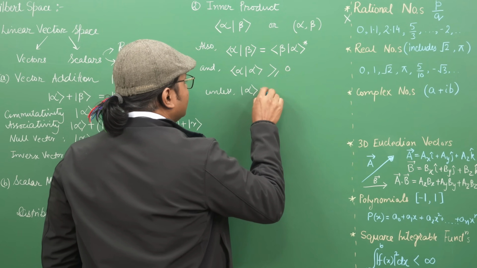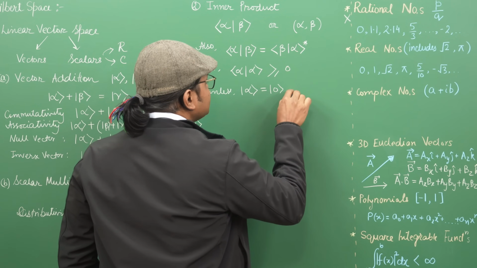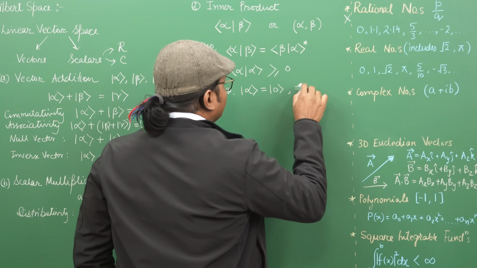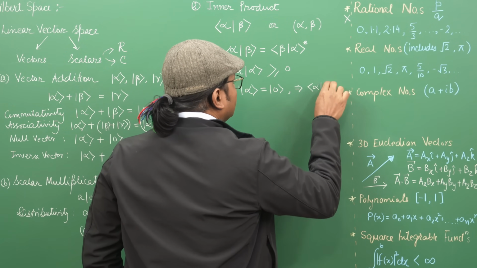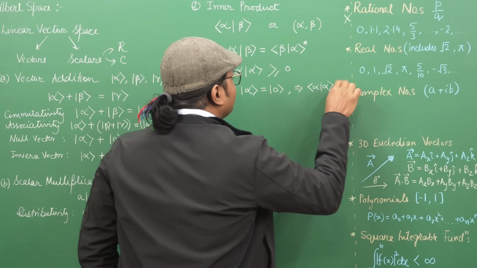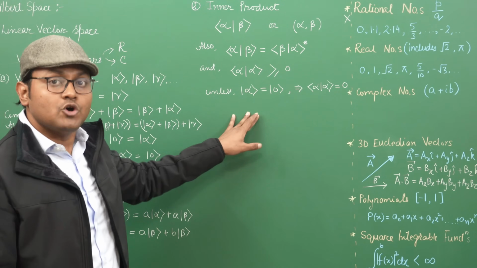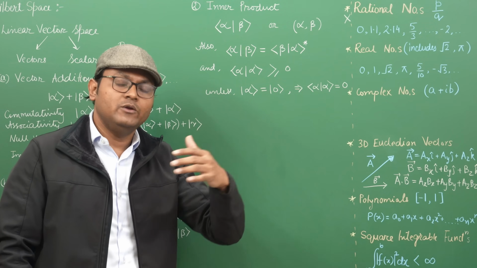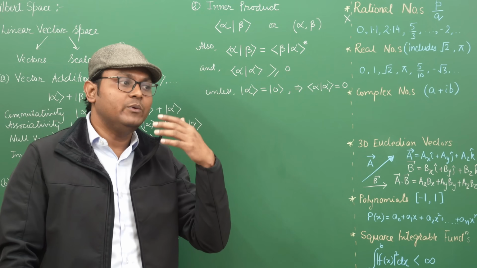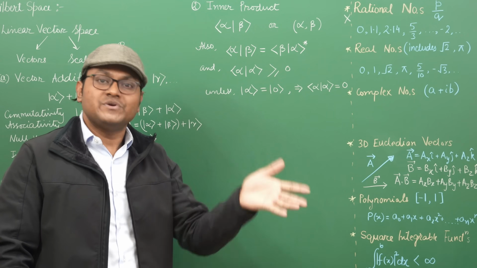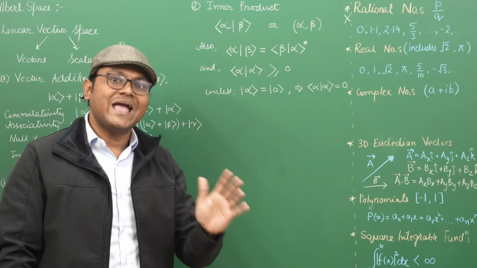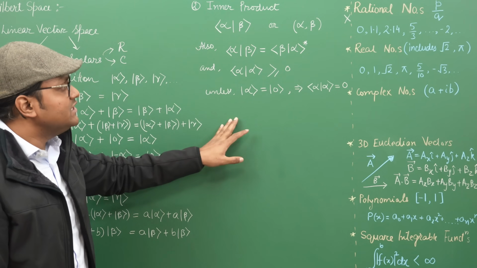So if alpha is a null vector, only in that situation the inner product would be equal to 0. So you can see that this is how the inner product is defined, which is also true for quantum states. So when we are dealing with quantum states, so we are dealing with kets and bras representing the wave function state of a quantum mechanical system, we can find the inner product in this particular manner.